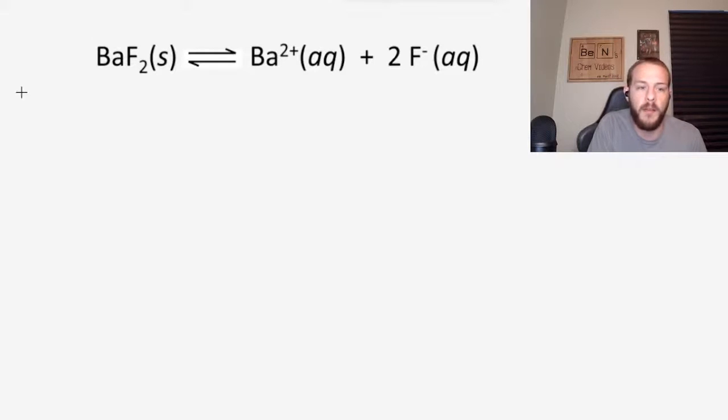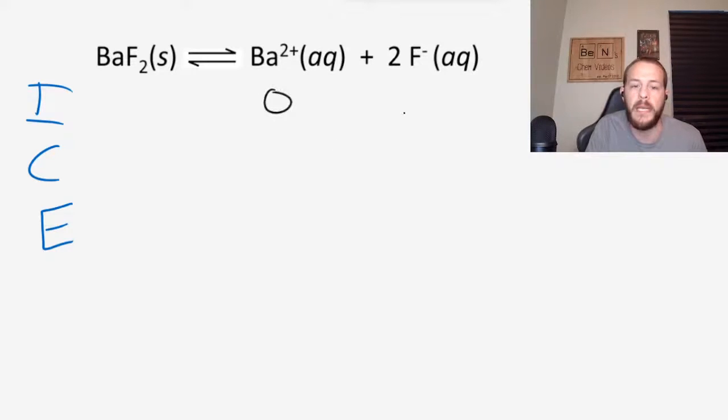So we're going to have our ICE table, right? Initial, change, equilibrium. In the case of our barium ion, we don't have any of that in the beginning, but for our fluoride ion, we already have some of that at the beginning. What did we say? I think we said 0.1 molar was the initial concentration of fluoride.